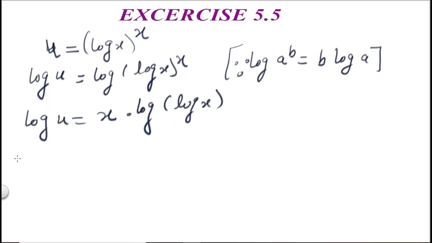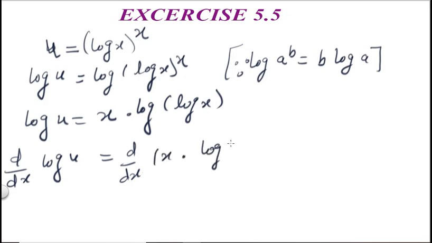Differentiating both the sides with respect to x. Now d by dx of log u equals d by dx of x into log of log x. As you see here, two functions are in product, we can use product rule.